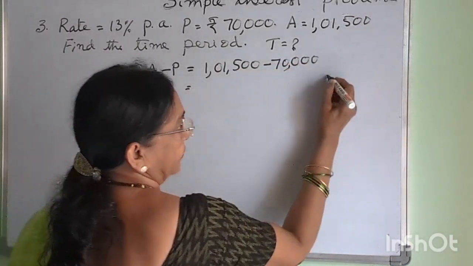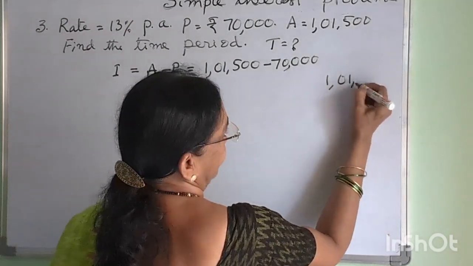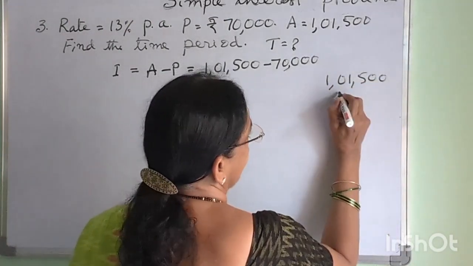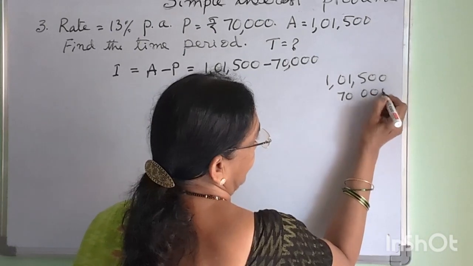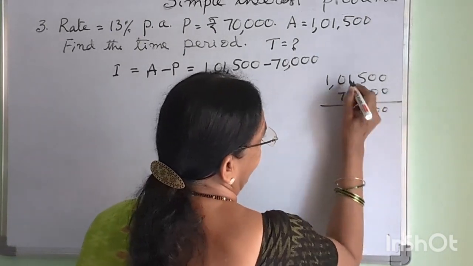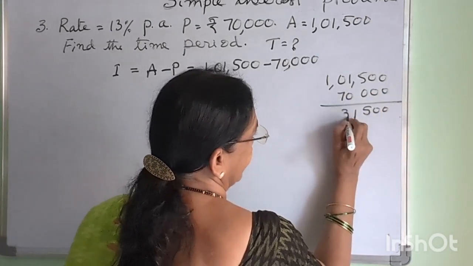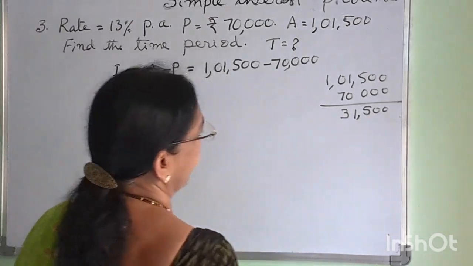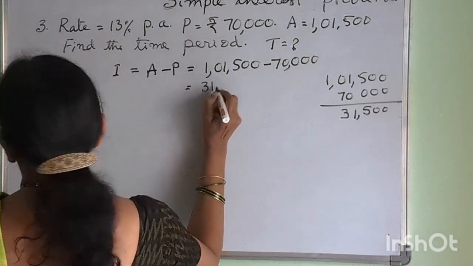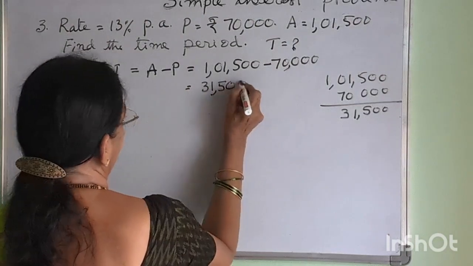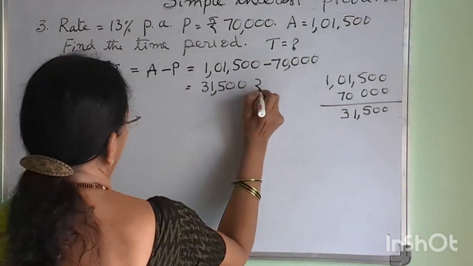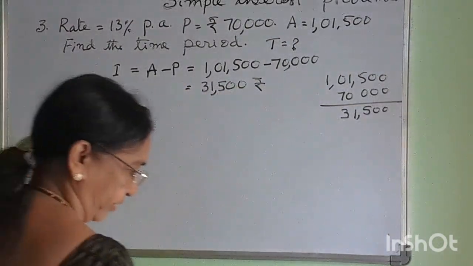Subtracting, this is 500, 10 minus 7 is 3, so 31,500. Interest is equal to rupees 31,500.